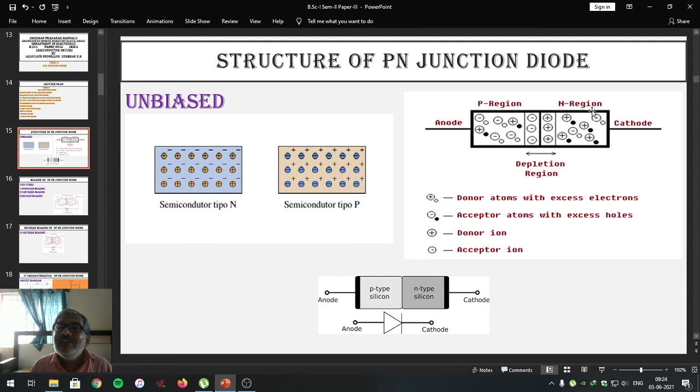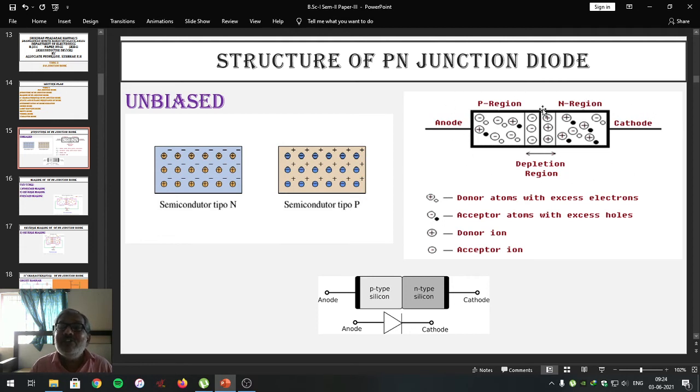The N region is named the cathode structure, the P region is named the anode structure. Metallic contacts are taken from the P region, and also from the N region, respectively known as anode and cathode. Thus, there is a formation of the PN junction diode.